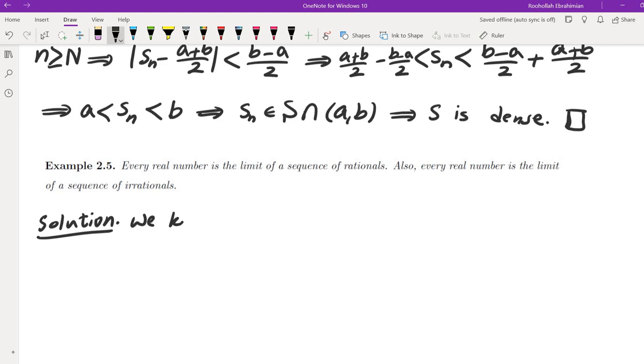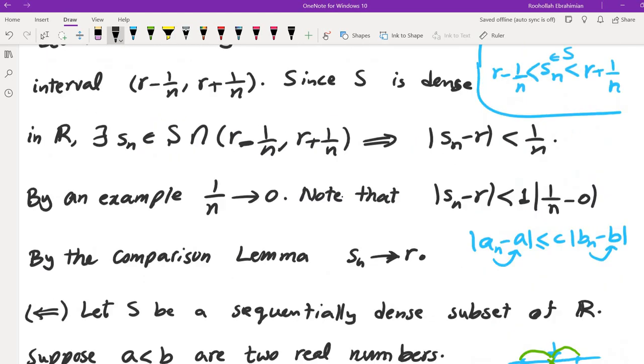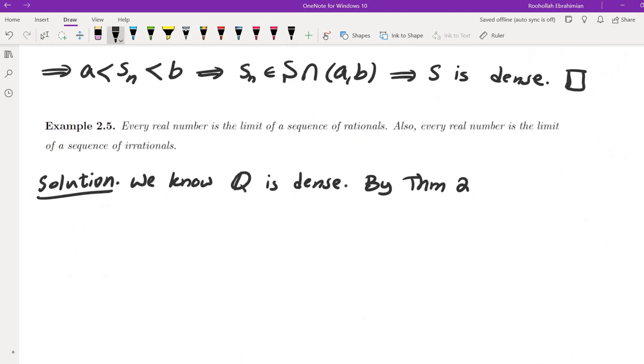So essentially we have proved this one before. So we know Q is dense. So now by the theorem right before the one that we just did, theorem 2.6, Q is sequentially dense.